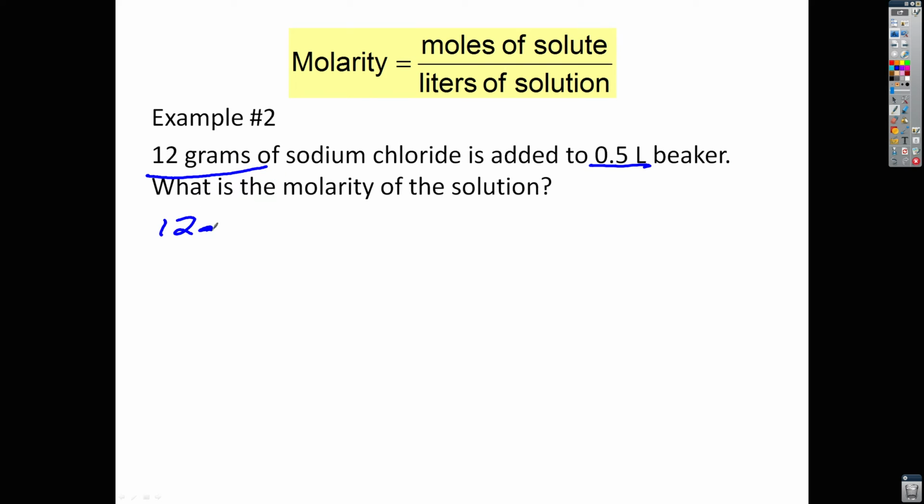If I have 12 grams of NaCl, I multiply by a fraction bar. I'm going from grams to moles, so I have to divide by the molar mass. So 1 mole of NaCl, and I have to find the molar mass of NaCl, so Na plus Cl, 22.99 plus 35.45, it's going to be 58.44.